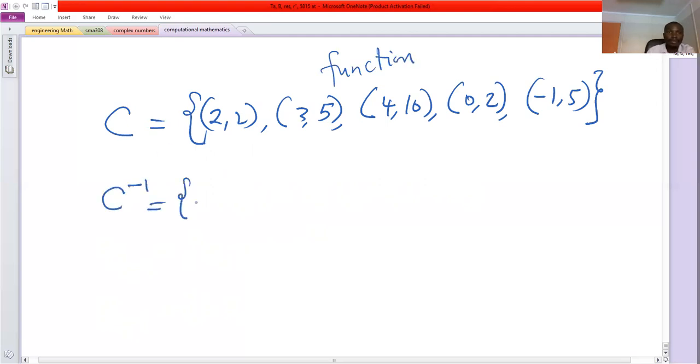So inverse will be 2, 2, 5, 3, 4, that was 10, so it will be 10, 4.